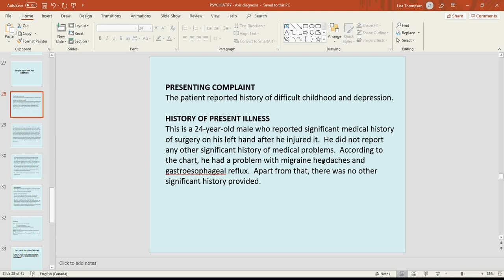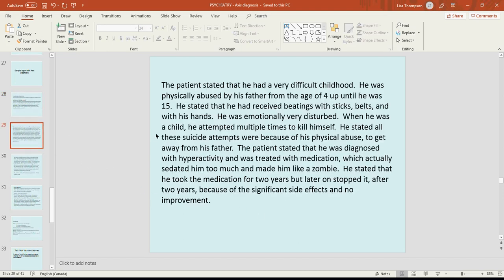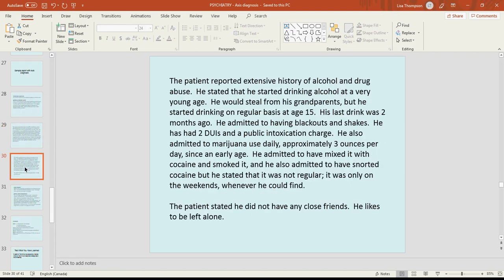So they'll go on and talk about what's presently going on with the patient. And that can go on for quite a while, as you can see, because they cover everything, like if they're into marijuana, drugs, getting into any kind of trouble whatsoever.